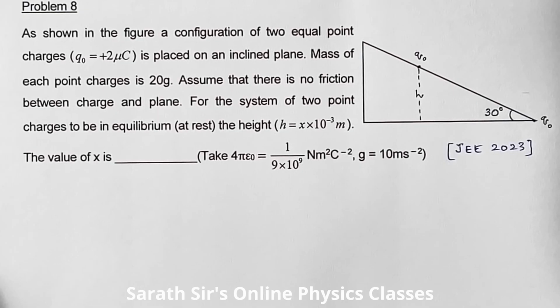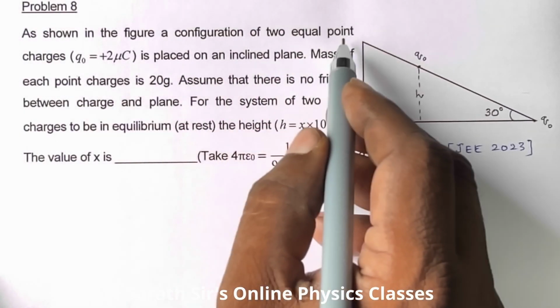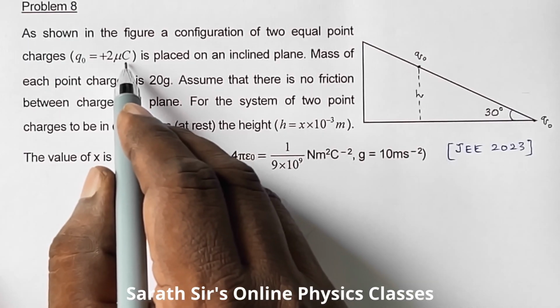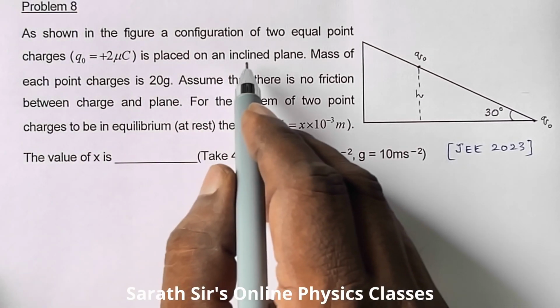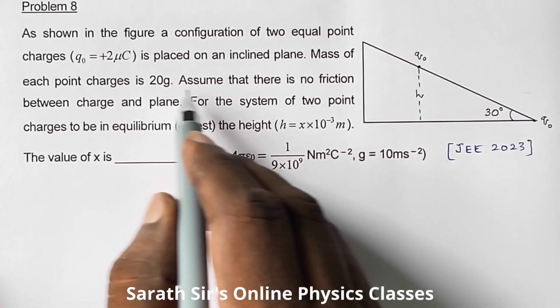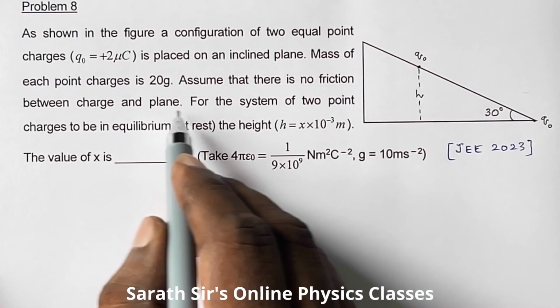In this problem, as shown in the figure, a configuration of two equal point charges Q naught equal to plus 2 microcoulomb is placed on an inclined plane. Mass of each point charge is 20 gram. Assume that there is no friction between charges and plane.